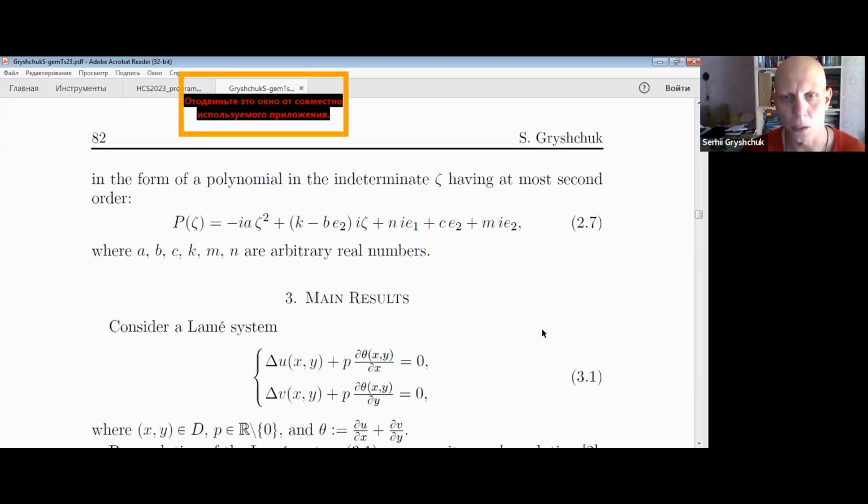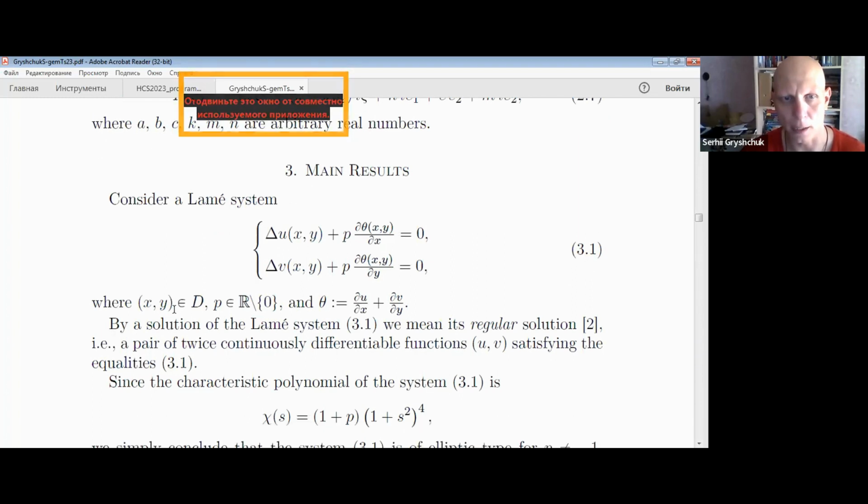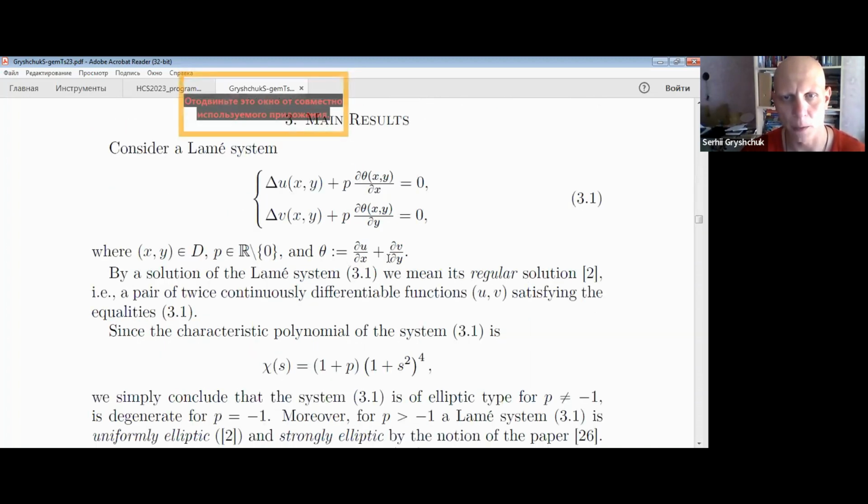So we consider a Lamé-type system 3.1. Here, x, y is a point of our domain D. P is a real number, except 0, and theta equals the partial derivative of U with respect to x plus the partial derivative of v with respect to y.